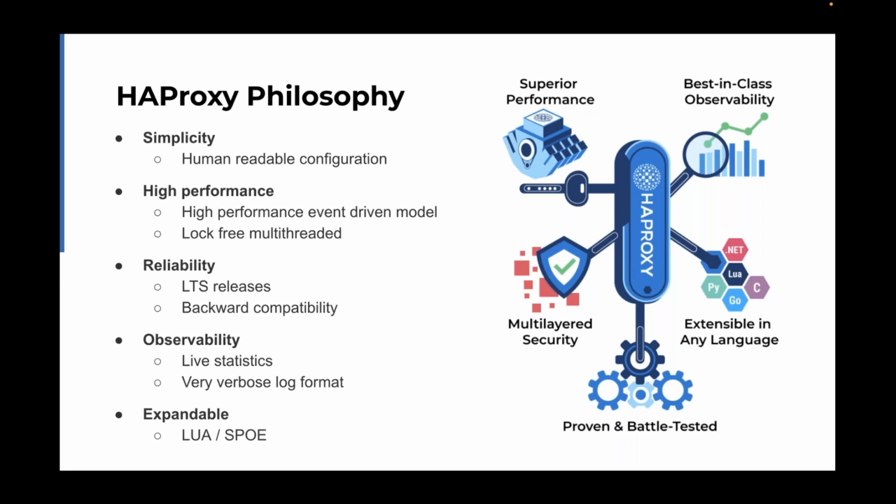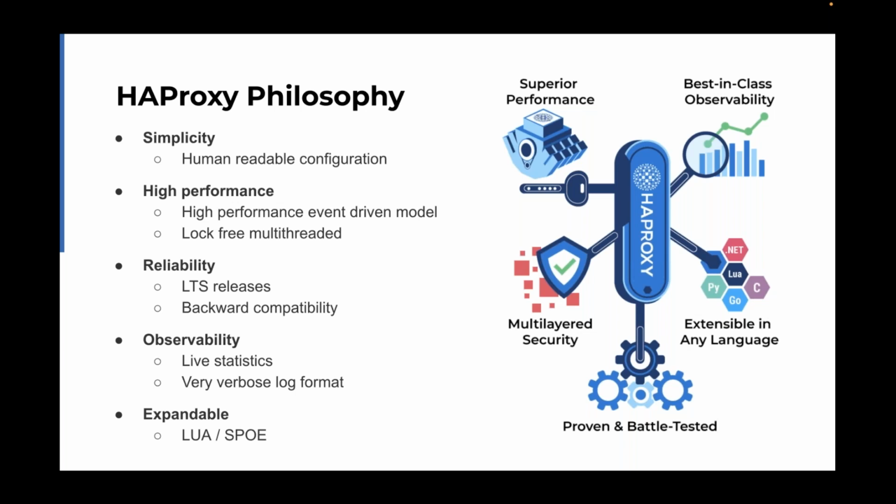And because the proxy is a main entry point to your platform, it's extremely important to have observability as a key component. Many metrics can be collected using the stat socket, logs, or the Prometheus exporter. And the default log format provides the most information to diagnose an issue for each request.